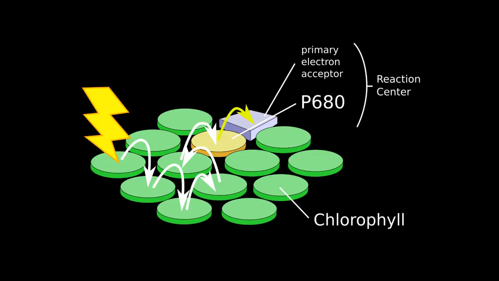The fate then is to pass electrons from chlorophyll to chlorophyll to chlorophyll until eventually it interacts with the P680, which then passes it on to the reaction center. So it's not a really direct route. The energy will continue to bounce around in there until it can reach the reaction center.